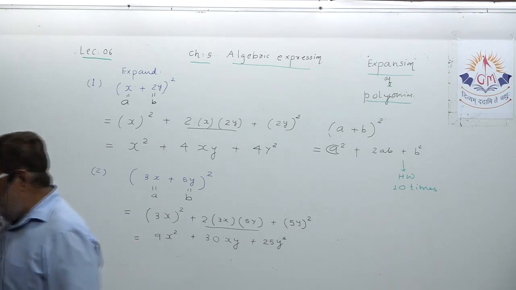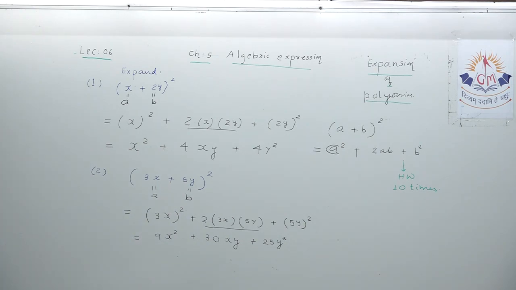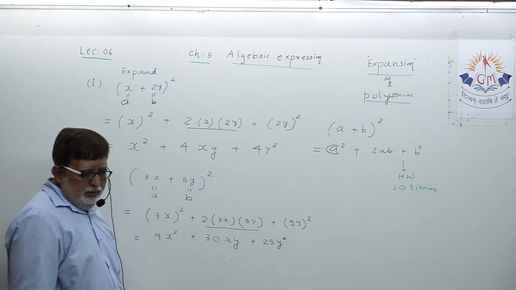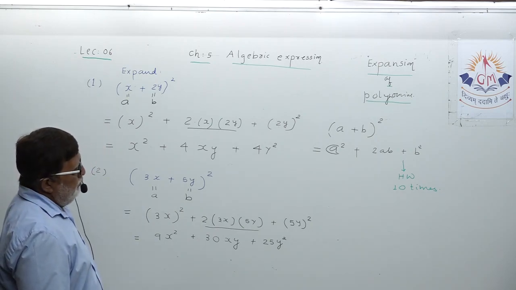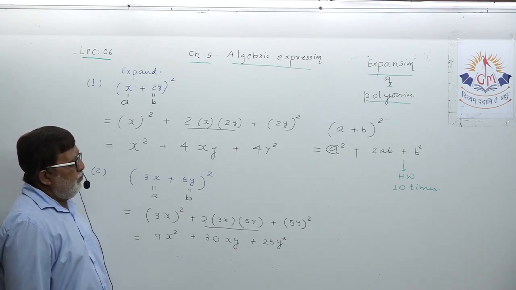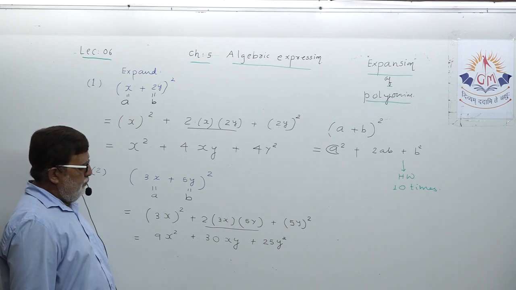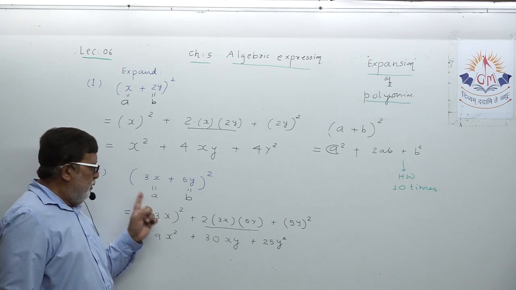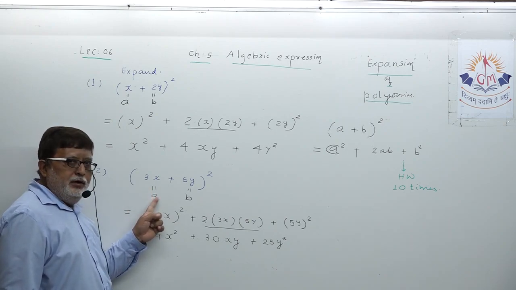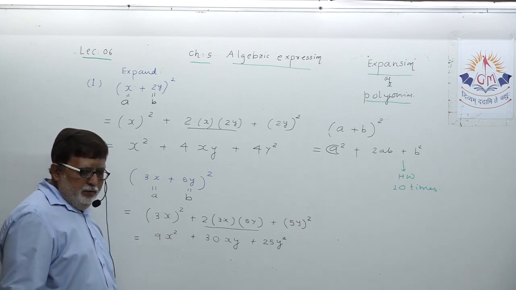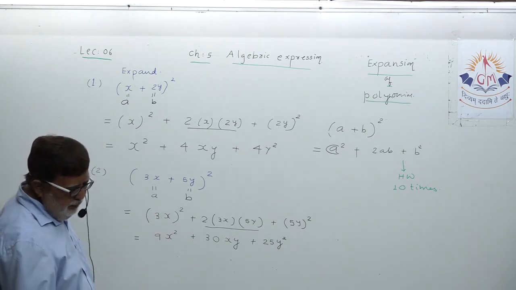You need to understand it properly. This is a very simple example, but important for you is to remember the identity, okay? That's very important. No mistake, student. First term will be A, second term will be B. Just a question of substituting the value, okay?